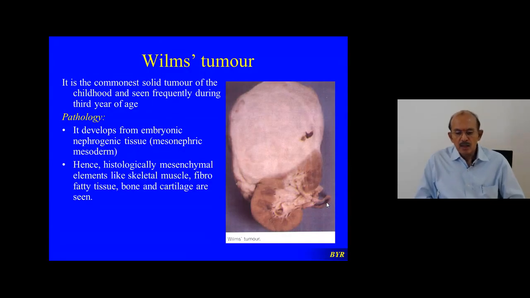Okay. Sometime ago I told you about this, but I will repeat it again. During development of the fetus, initially, the fetus develops from a mass of totipotent cells. Totipotent cells means these cells have the potential to differentiate into any layer, into ectoderm, mesoderm, or endoderm.